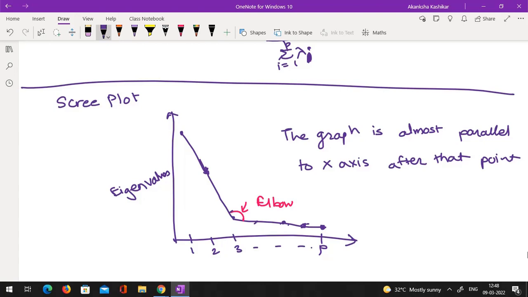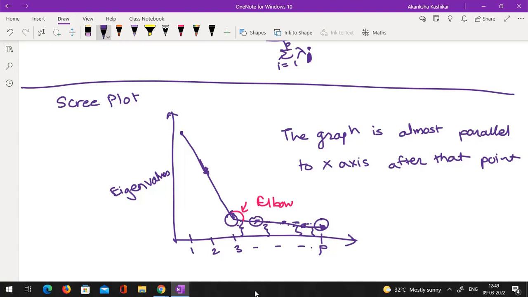Then it means that for all the remaining PCs, including this one of course, the third, fourth and so on, the contribution to variation is more or less similar. It's parallel to the x-axis, meaning more or less similar. Remember, this is not going to be exactly parallel, it's almost parallel.